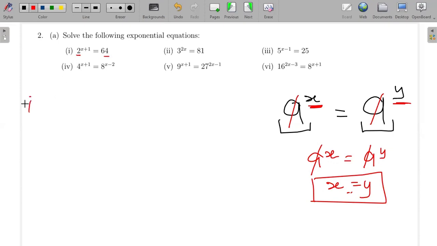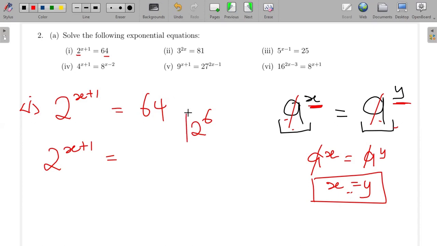So the first one, we have 2 to the power x plus 1 is equal to 64. So here, we want to make this 64 a 2 to the power something, so that the bases are the same. We cancel them, and then we can equate the powers. So it turns out that 2 to the power x plus 1 is equal to, so this 64, you should try it out on your calculator, it's the same as 2 to the power 6.